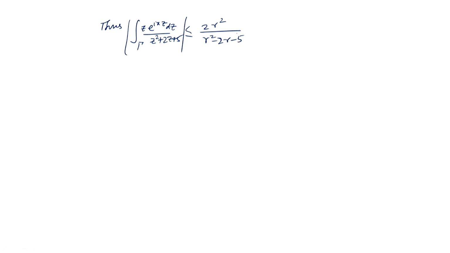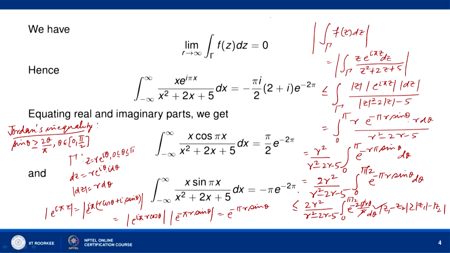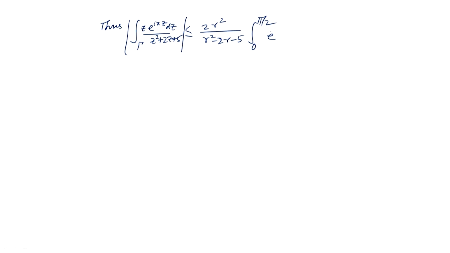R square minus 2r minus 5, integral 0 to pi by 2, and we have e to the power minus 2r theta d theta. Right. So this is equal to 2r square upon r square minus 2r minus 5, and now we can easily integrate this. This is e to the power minus 2r theta divided by minus 2r.